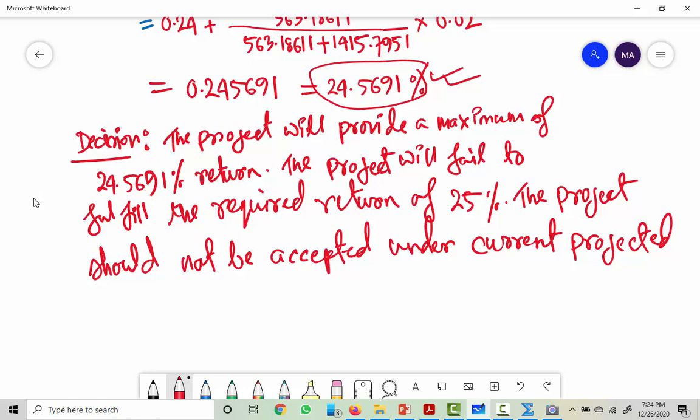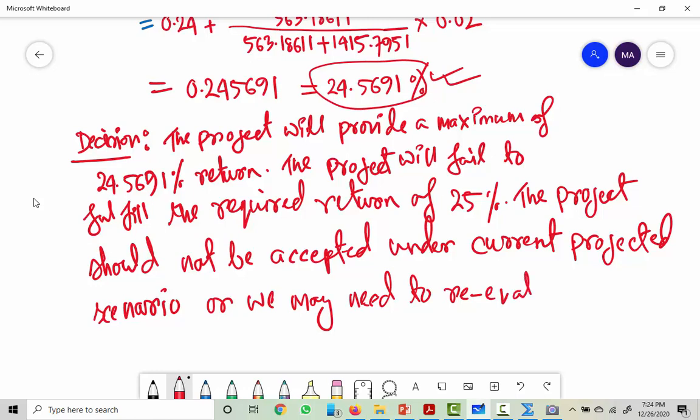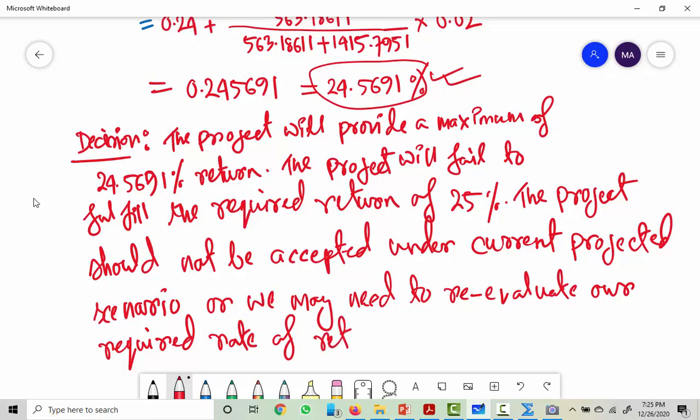So the project should not be accepted under the current projected scenario, or we may need to reevaluate our required rate of return to accept the project.